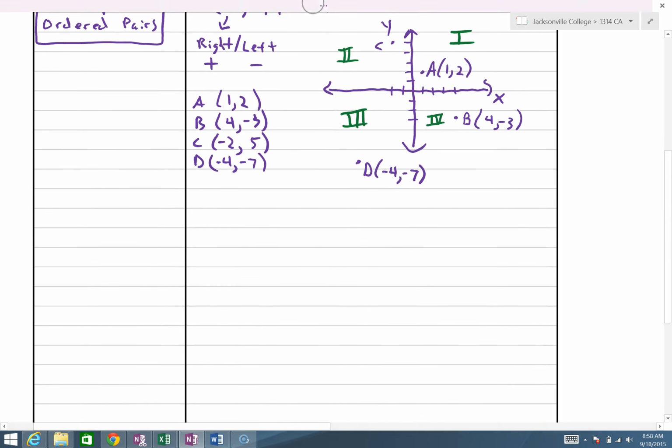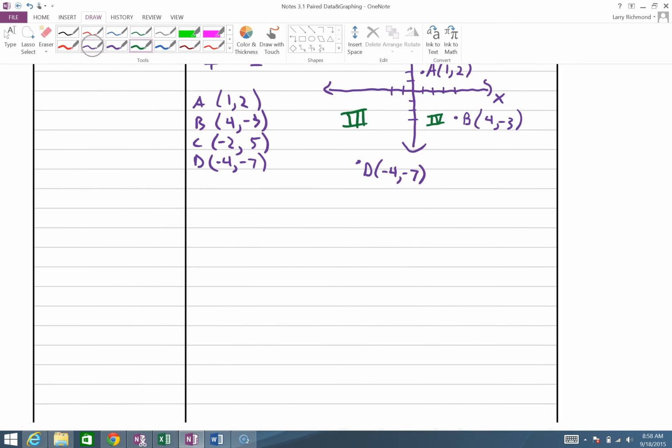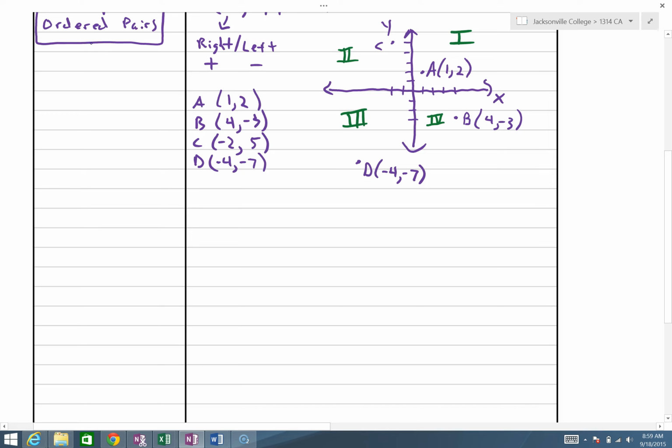What we're going to have to do in this section is graph equations. We are going to be given an equation perhaps like this one. Y equals 3x. Well, this is the equation of a line. In order to graph a line, we need 2 points.